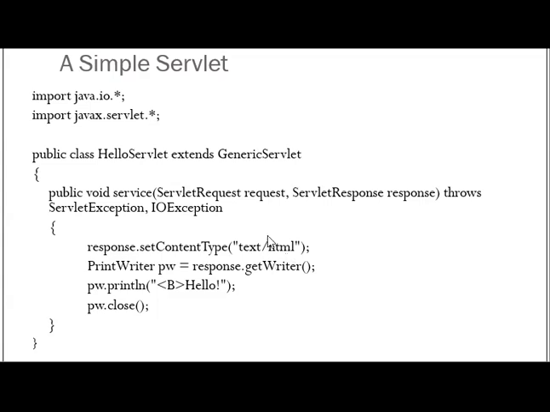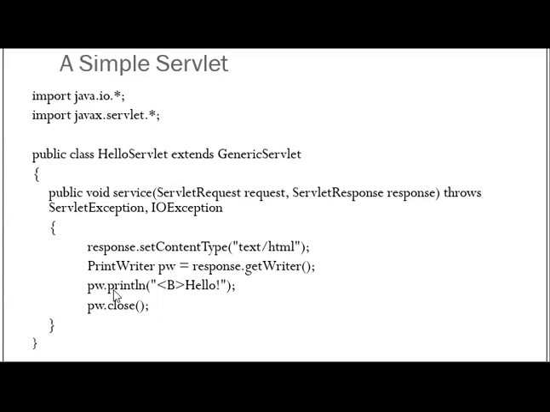Then in order to write, we get the writer on the response object, that is response.getWriter. This getWriter gives us the handle to write into the response object. That handle is of the type PrintWriter.